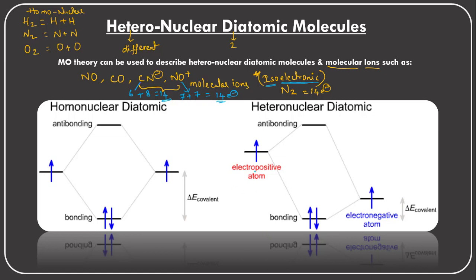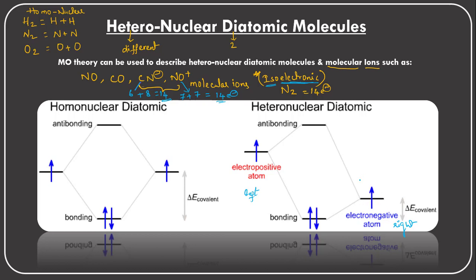Which atom has high energy and which has low energy? We always have to remember that the electropositive atom has high energy. Always we need to write this on the left side: the electronic configuration of the electropositive atom on the left side, and on the right side we write the other.